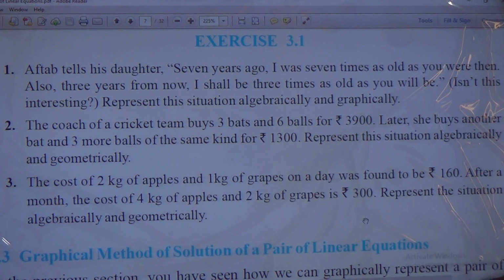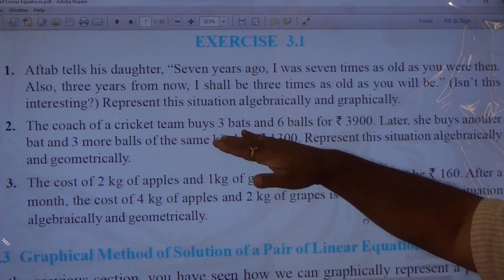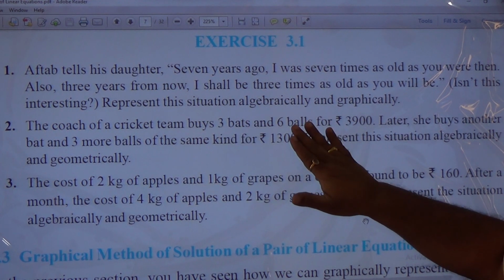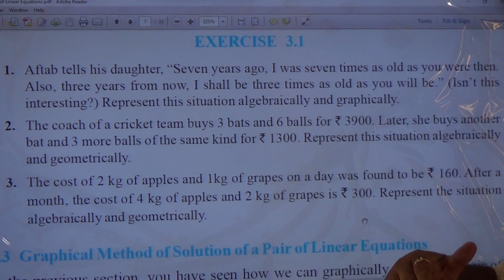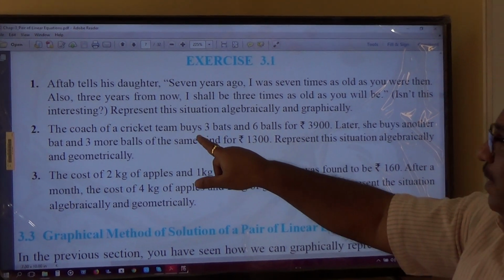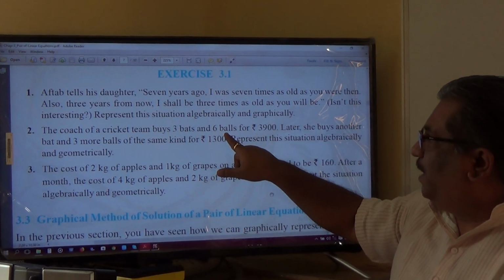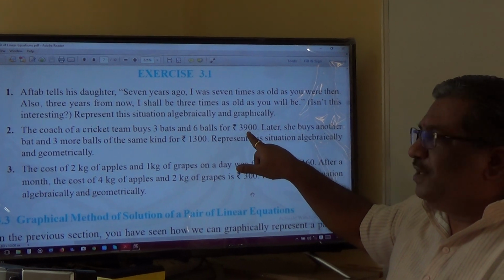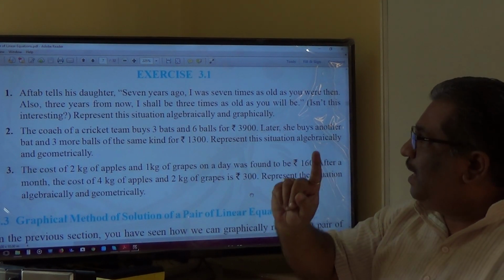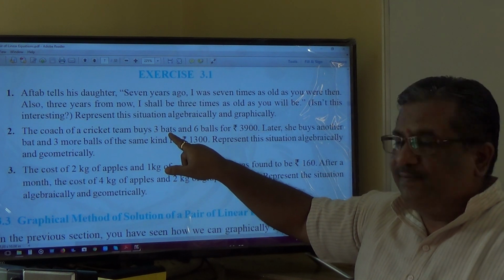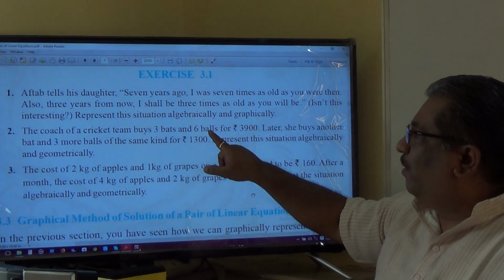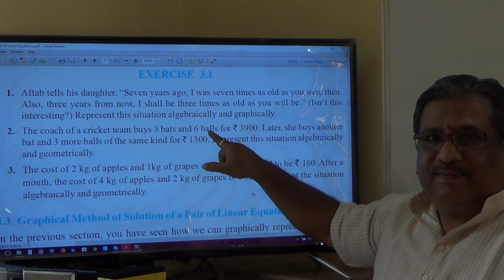Let's see here itself. A coach of a cricket team buys 3 bats and 6 balls for how many rupees? 3,900. What are the variables? The number of bats and balls has been given. The total amount is in rupees. Therefore, let the cost of each bat be rupees x. The cost of each ball be rupees y.